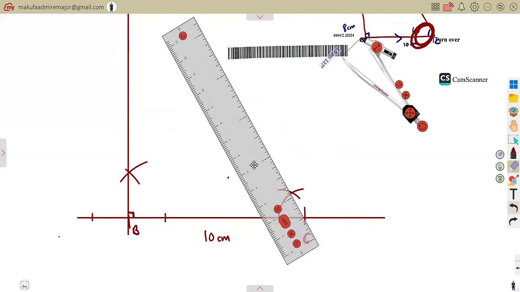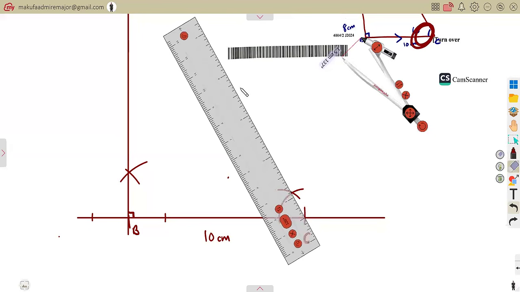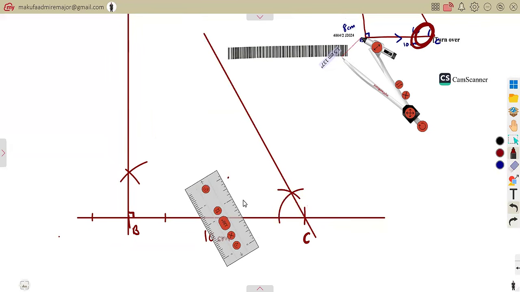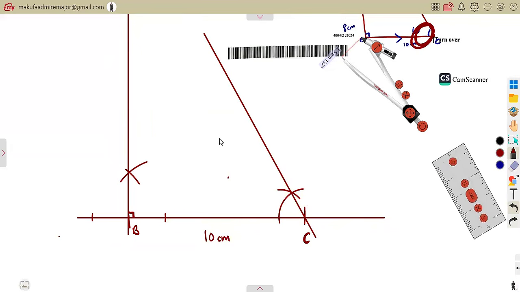Remember, I said when constructing 60, you are also constructing an angle of 120. But as we need the 60 inside, this one is supposed to be 60 degrees inside of the shape. So this is 60 degrees from C.